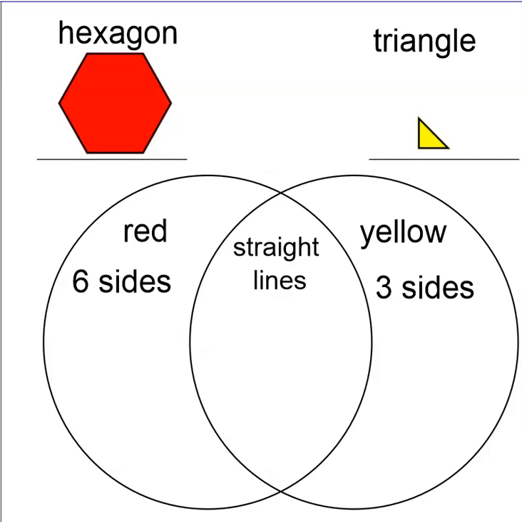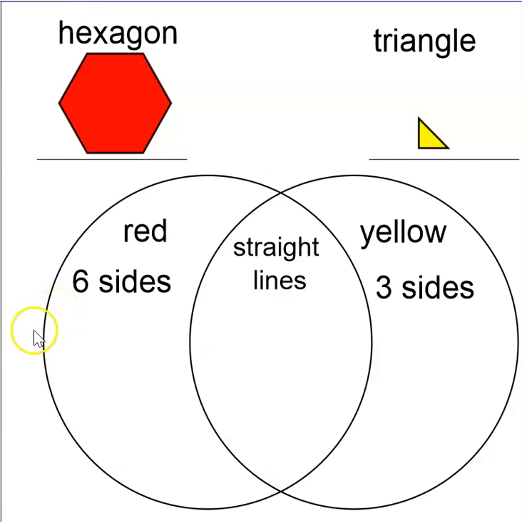So now that we're talking about how they are connected together, they both have corners, don't they? They both have corners, but do they have the same amount of corners? Let's count. 1, 2, 3, 4, 5, 6. So a hexagon has 6 corners.